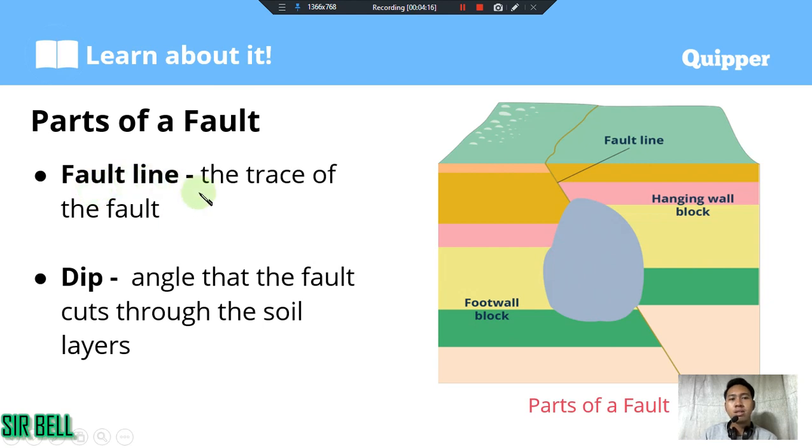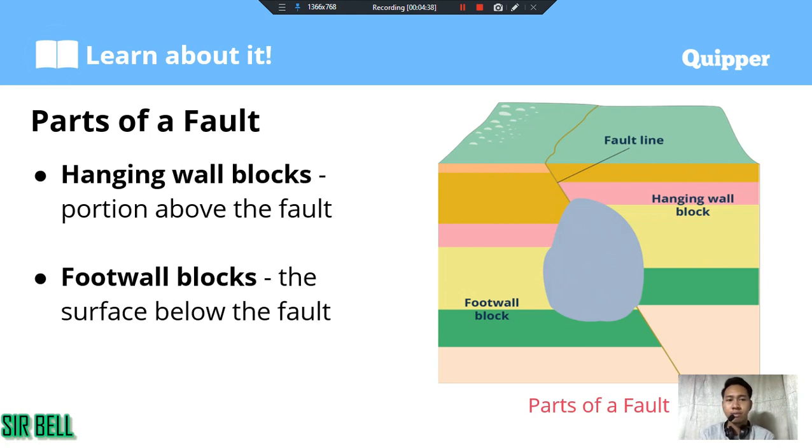The first one is the fault line. This is our fault line. If you can see clearly, the yellow line represents the fault line. Dip, the other part, is the angle at which the fault cuts through the soil. So the cut that you can see clearly on the picture represents the dip of a fault.